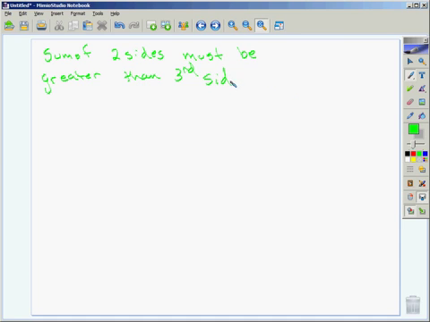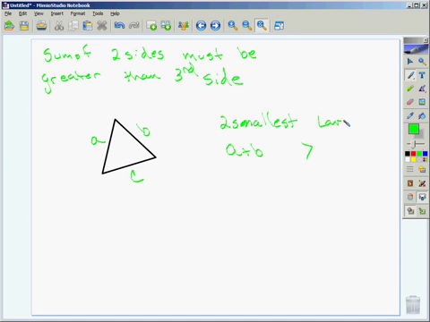In other words, if you're given a triangle and you're given the sides A, B, and C, if you take the two smallest sides, and for this one we're just going to say it's A and B, then it has to be greater than the third side, which would be the largest side.